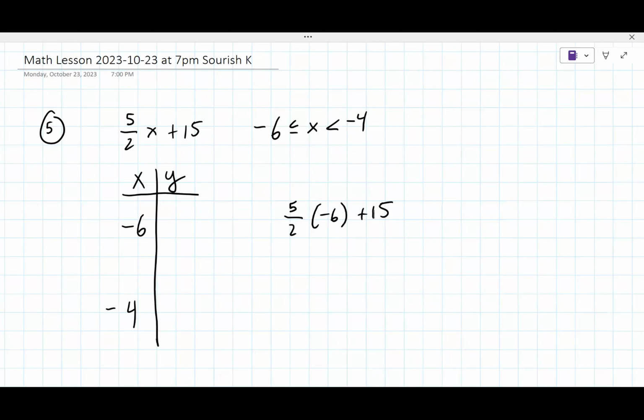It is 0. Good. Now do the same thing for -4.